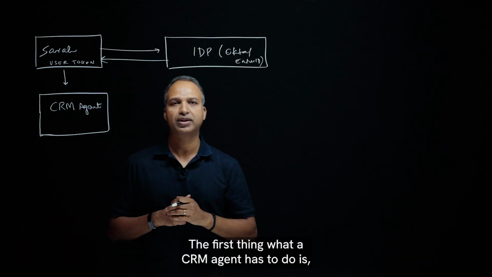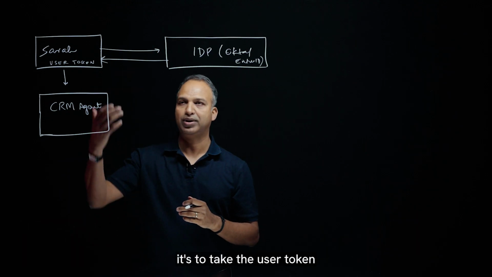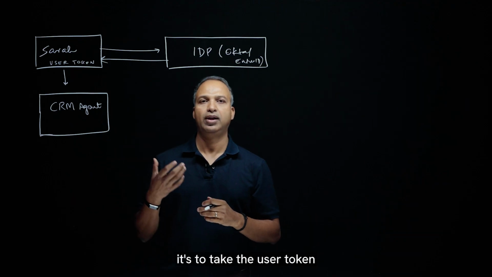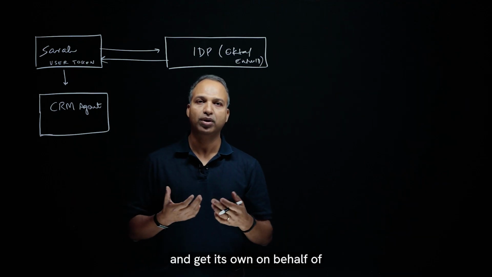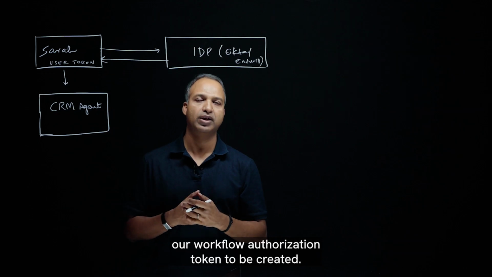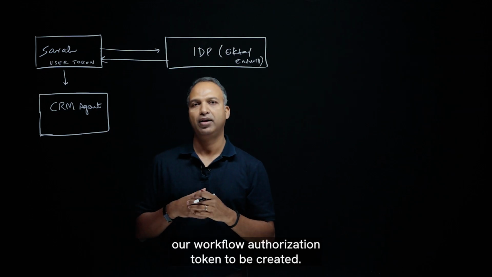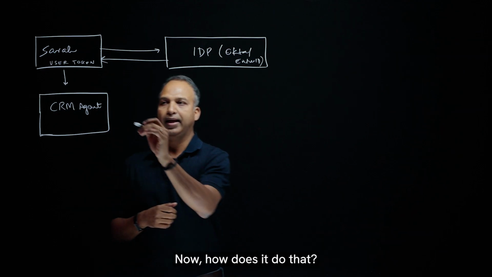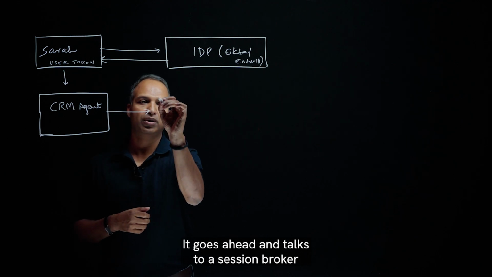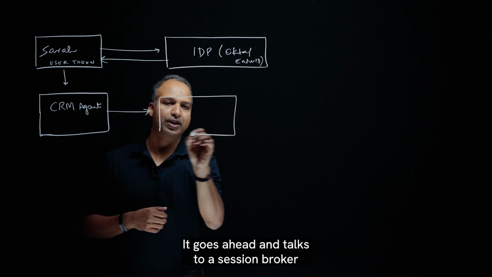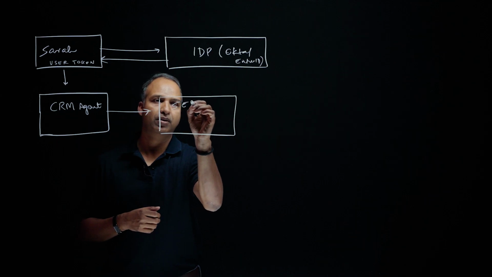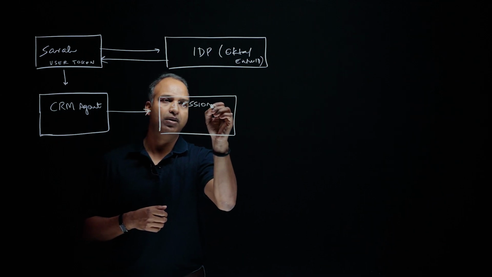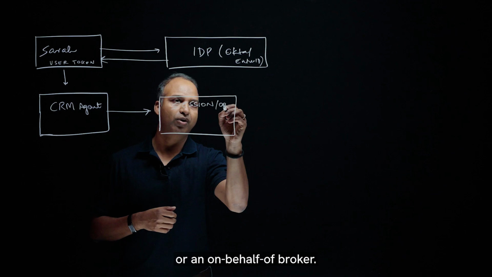Now, the first thing a CRM agent has to do is take the user token and get its own on-behalf-of or workflow authorization token created. Now, how does it do that? It goes ahead and talks to a session broker or an on-behalf-of broker.